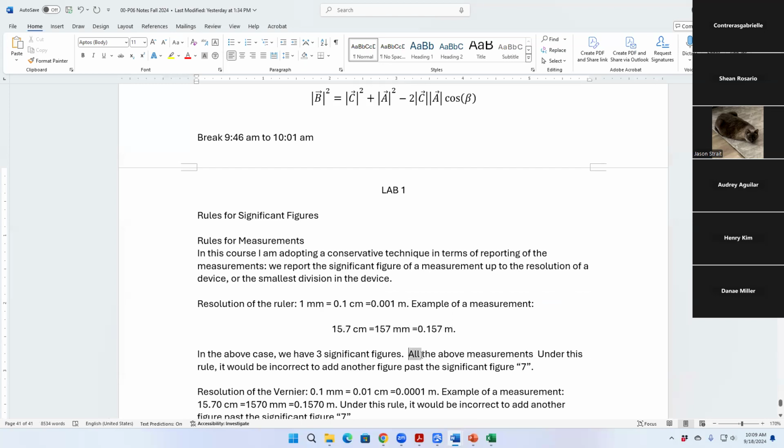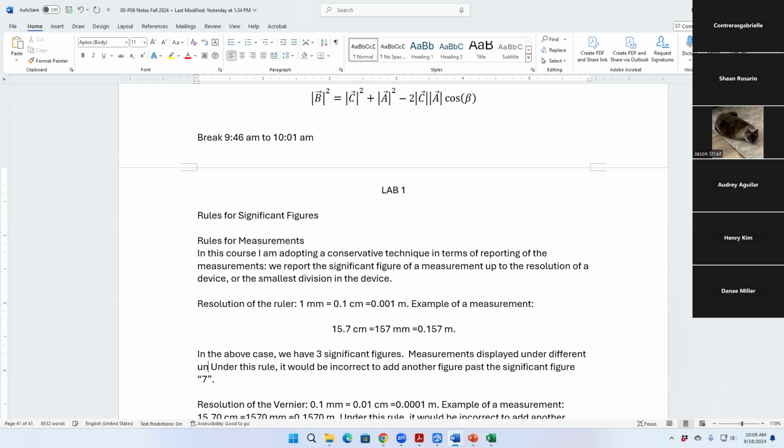Let's put it in a different way. Measurements displayed under different units must have the same number of significant figures.